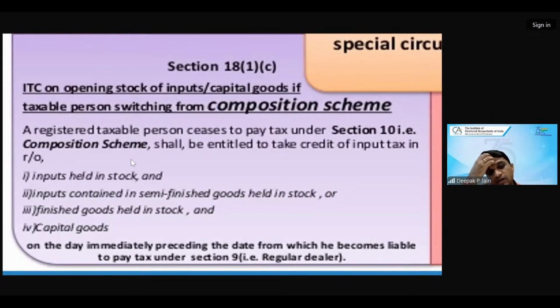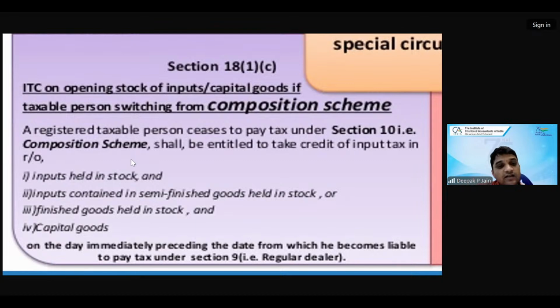So if he comes from composition scheme to regular scheme, then on whatever taxable supplies he's making now, GST is payable. So he should definitely get the benefit of GST on his stock. Whatever stock is lying with a composition scheme person, he will get the credit.